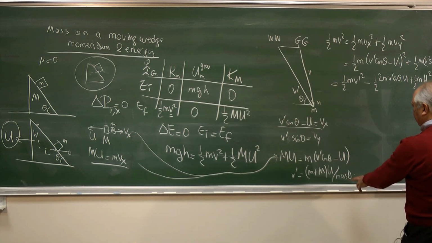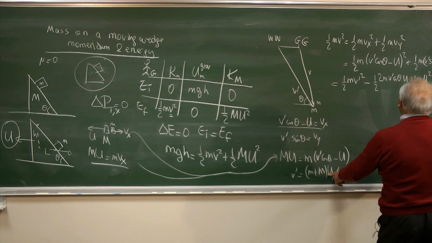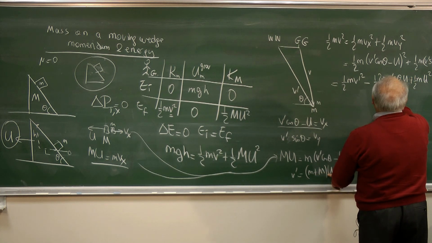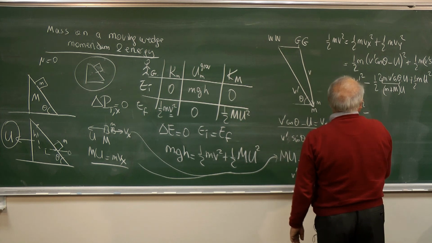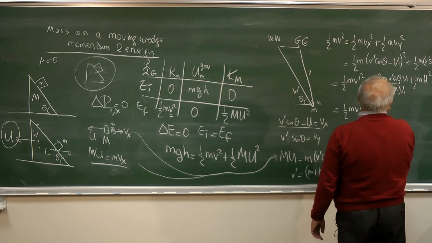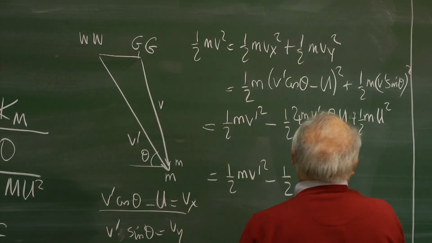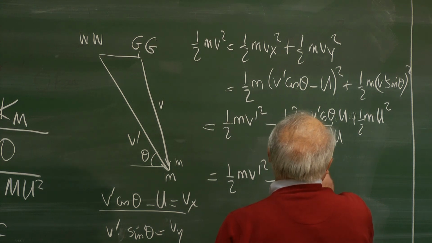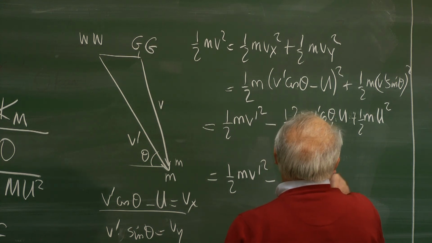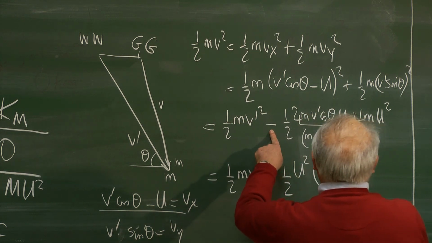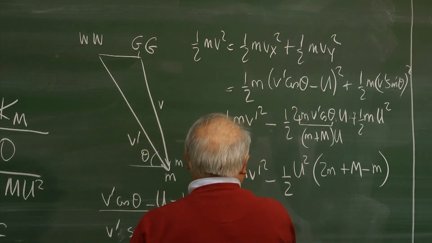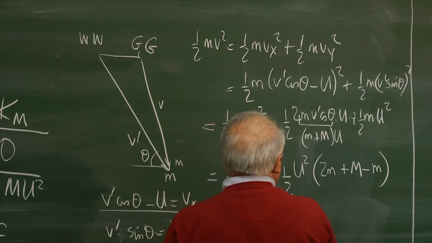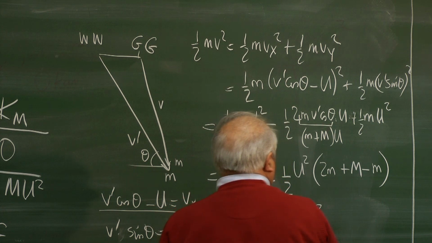And m V prime cosine theta is (m plus M) U. So that this is equal to 1/2 m V prime square minus 1/2 U square times (2m plus M). This is a minus sign, this is a plus sign, so this comes with a minus sign. So it is 1/2 m V prime square minus 1/2 U square.